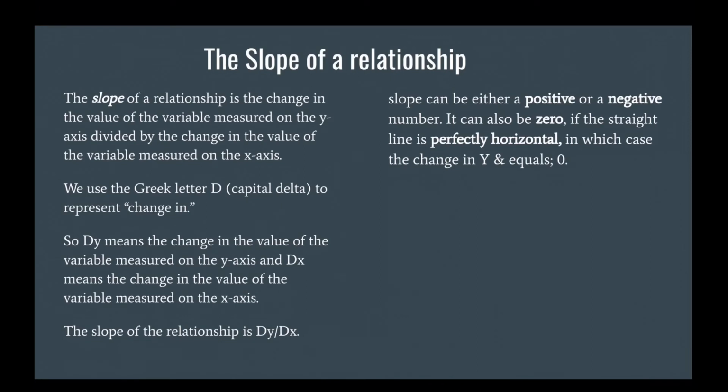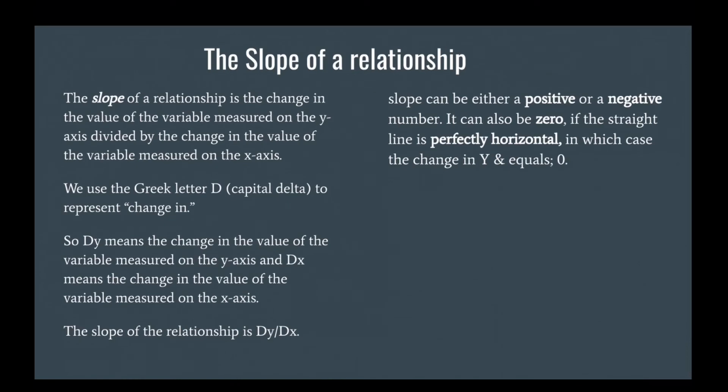Since y is a dependent variable, it changes. On a graph we study how y changes to the changes in x, which is called slope. So we use the Greek letter delta to represent change in. So dy means the change in the value of the variable measured on the y-axis, and dx means the change in value of the variable measured on the x-axis. So the slope of the relationship is dy over dx.